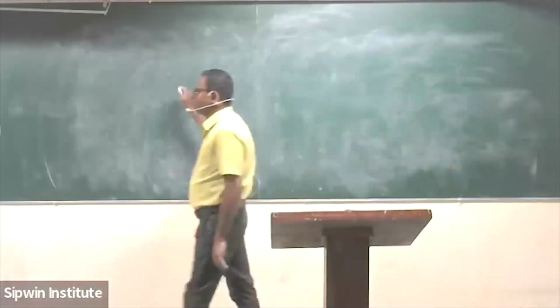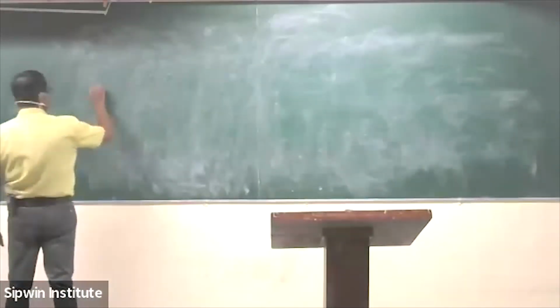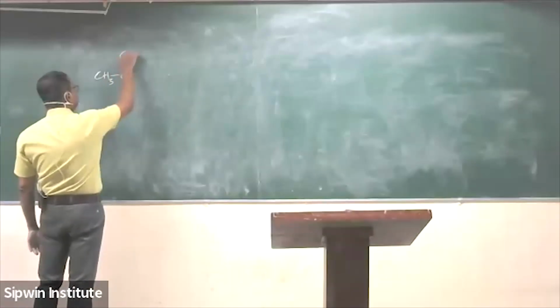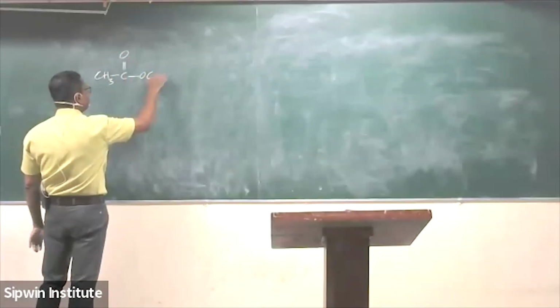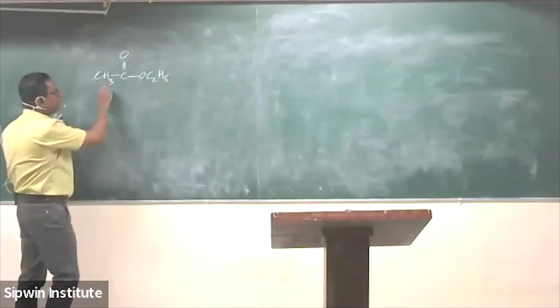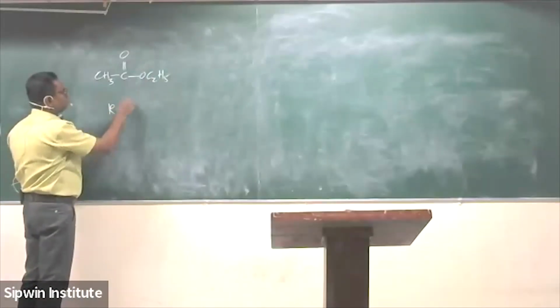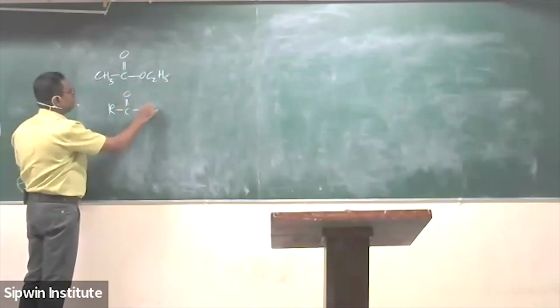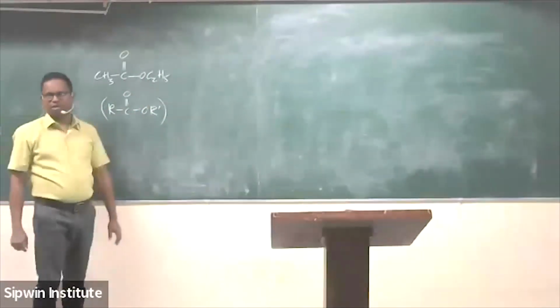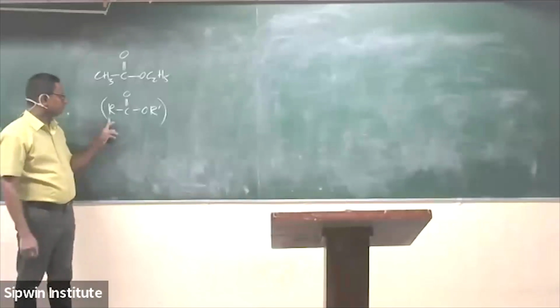Look at this, ester, CH3COOC2H5. R CO OR dash, commonly we write like this way, R dash being the alkyl group.